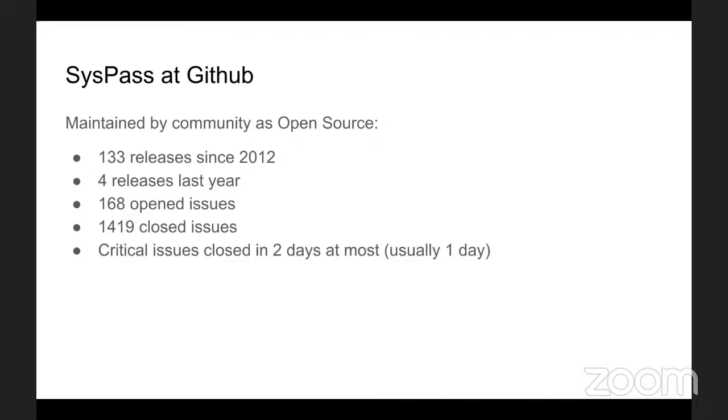It has 168 open issues and more than 1,400 closed issues. But according to the history, all critical issues like possible XSS attacks were closed in 2 days maximum, but usually 1 day.